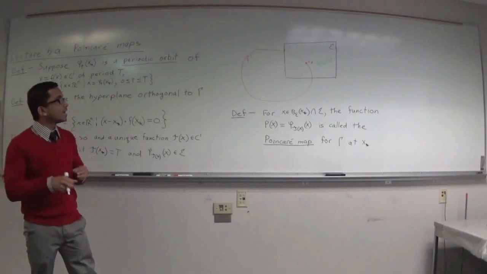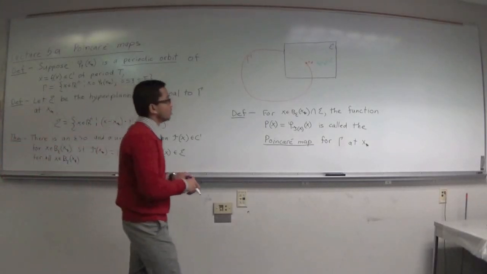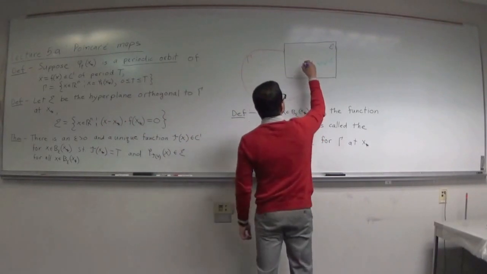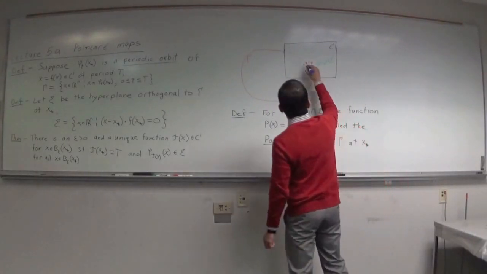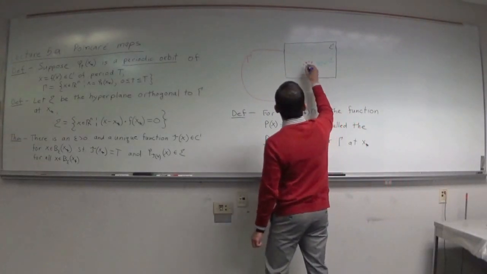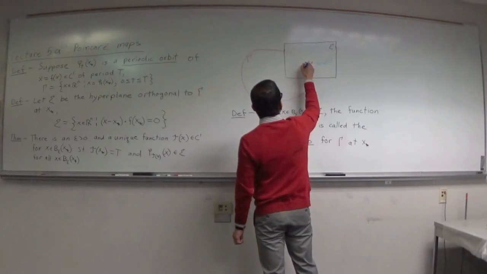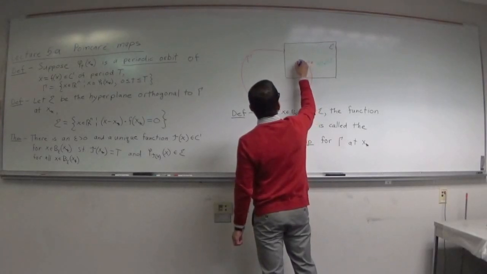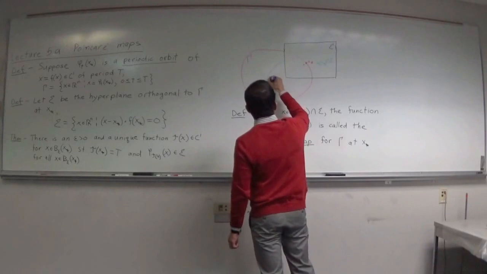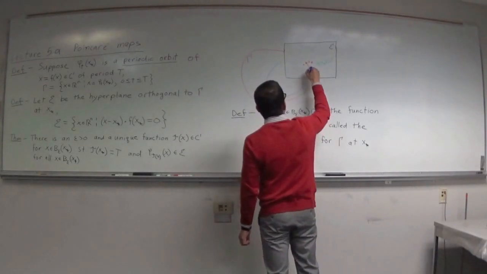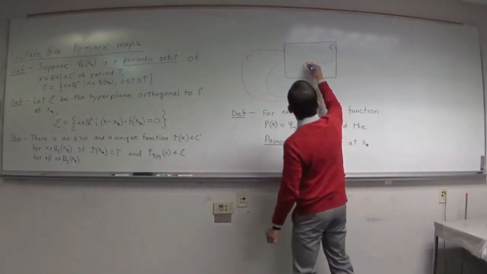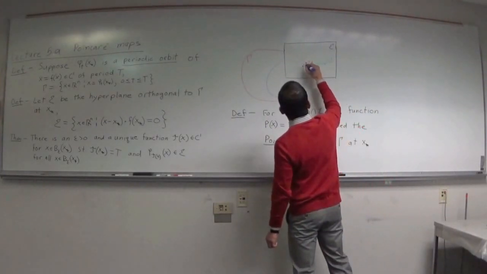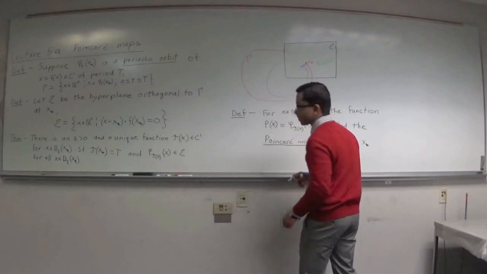Now we can look at some sample iterate. So let's take, say, x naught over here. So let's take this as x naught, and we're going to flow this around. So this is going to be coming back like this. And we can call that x1. So this is x naught, and this is x1.